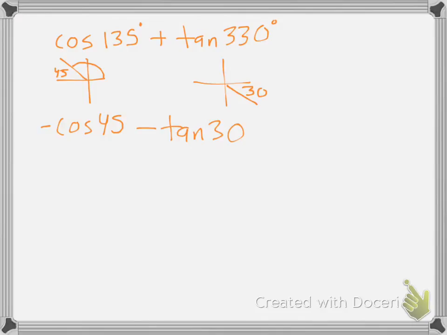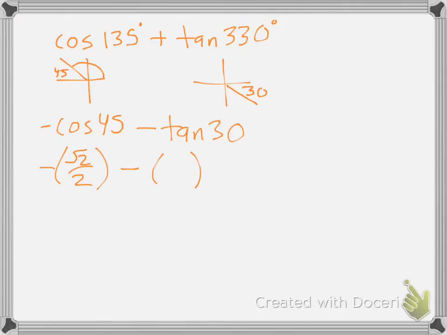That's one of our two reference triangles. It makes it so we can actually evaluate. What is the cosine of 45? Cosine of 45 would be 1 over the square root of 2, or square root of 2 over 2, minus the tangent of 30.